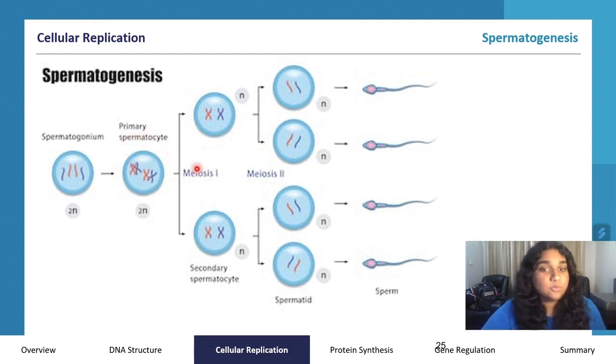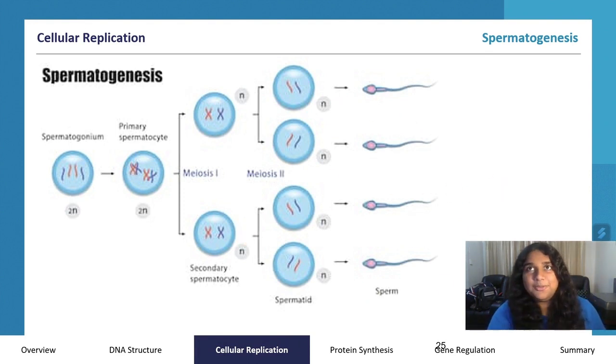This is where meiosis 1 happens and creates secondary spermatocytes. So instead of having two copies of every single chromosome, you end up with one copy of every single chromosome. Then meiosis 2 will occur and split all of those chromosomes up into individual chromatids, forming four identical sperm cells.